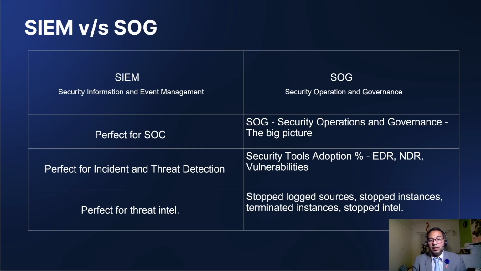It's perfect for threat intel. You can get multiple threat intels into SIEM. You can get that in SOG as well. But the idea of SOG is to tell you whether there is any break in there. Imagine you get alerts from the adversary and you are under attack. The first thing they can do is cut down your threat intel feed, or stop the machines which are doing the scans on your systems. They can stop their EDR scanning, and they can turn off the firewalls.